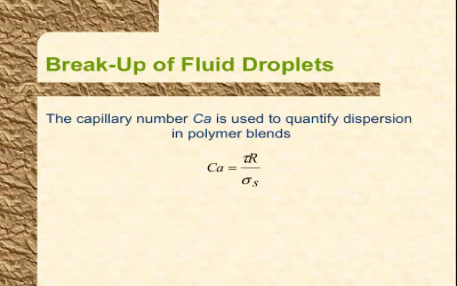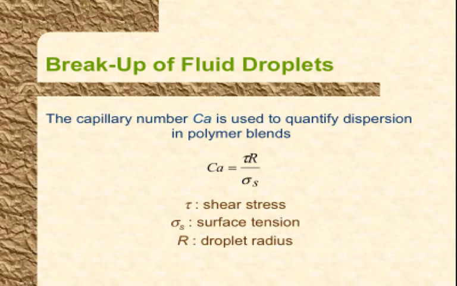Things like that are used even for mixing two different polymers. Right? There is something called a capillary number, which is the same thing. It's a ratio between the hydrodynamic force, which is the applied shear stress times the radius of the droplet, and surface tension. So you have your melting polymers and you're dispersing one polymer in another polymer.